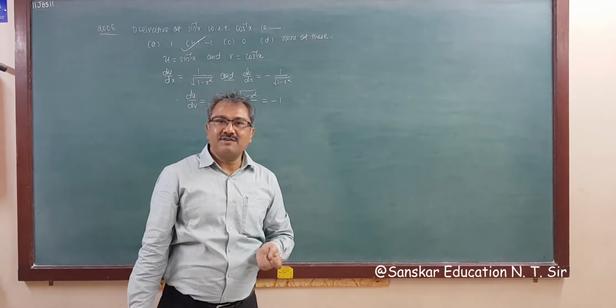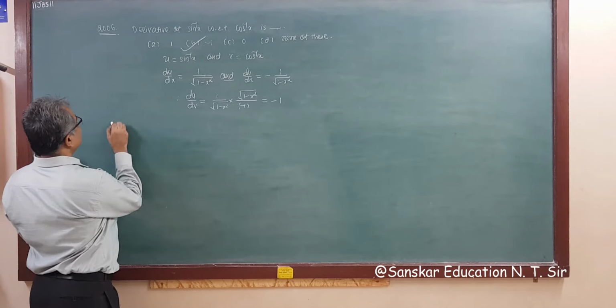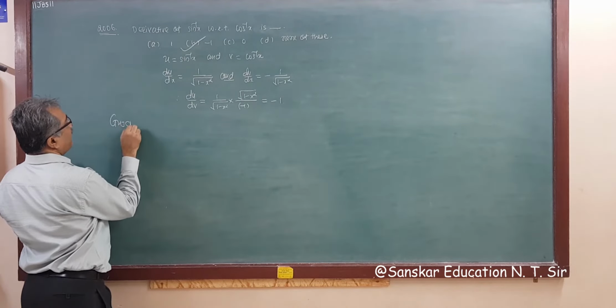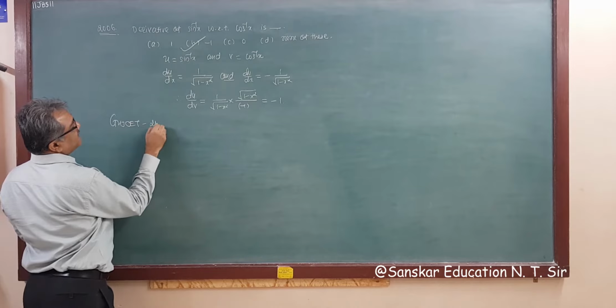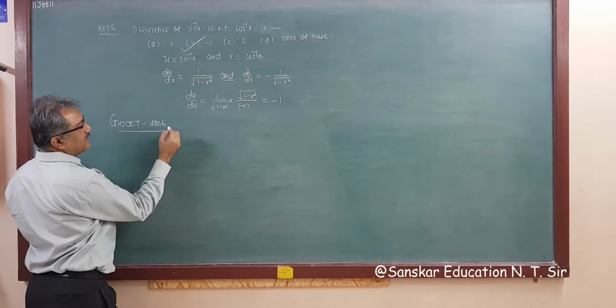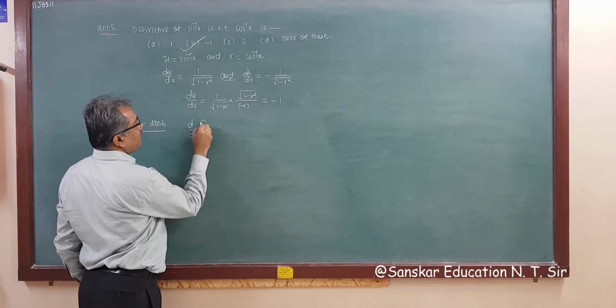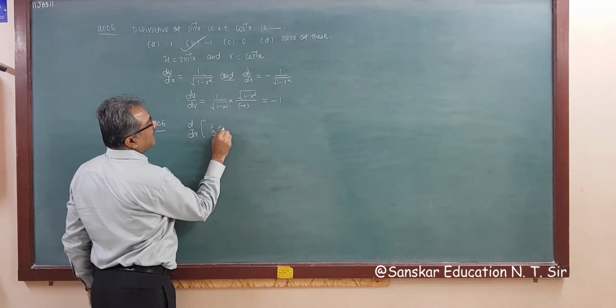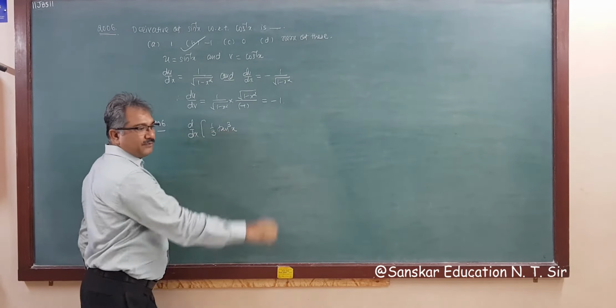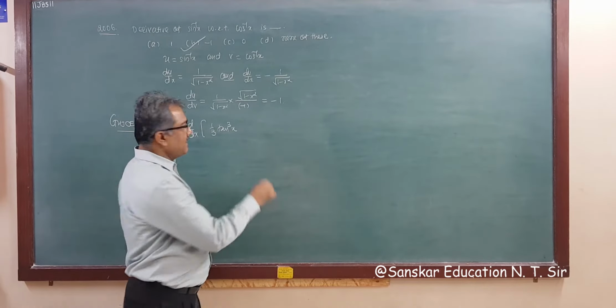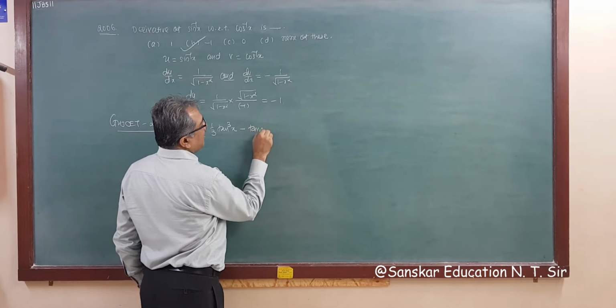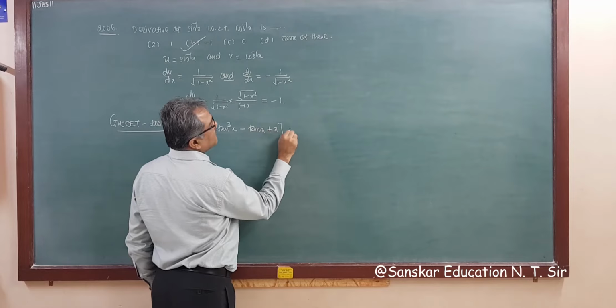The second question is from Gujarat 2006. d/dx of 1 upon 3 tan cube x minus tan x plus x is equal to blank.